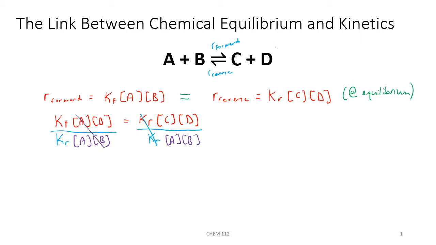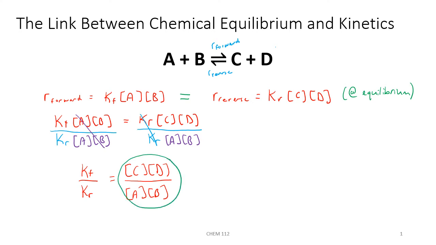What we would be left with is K sub F divided by K sub R is equal to C times D in the numerator over A times B in the denominator. And that fraction is equal to our equilibrium expression. We have the ratio of our products over our reactants raised to the coefficients from the balanced equation.